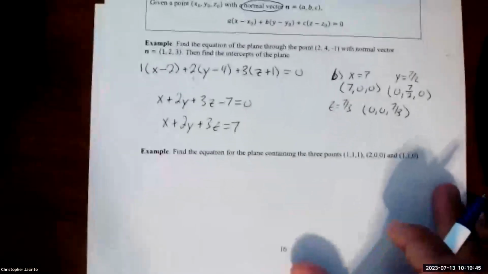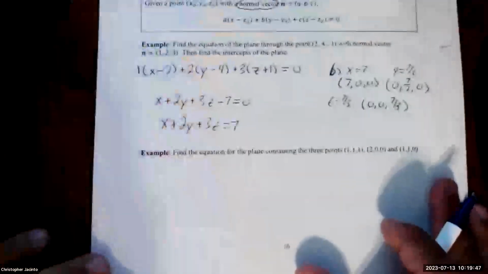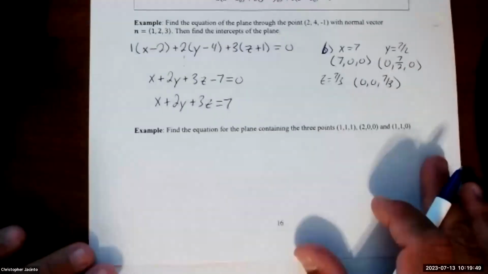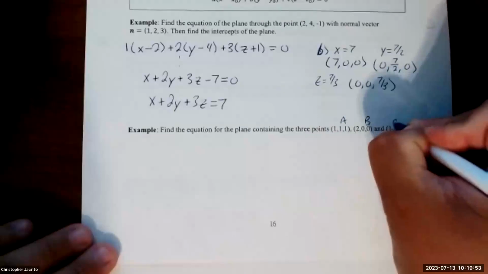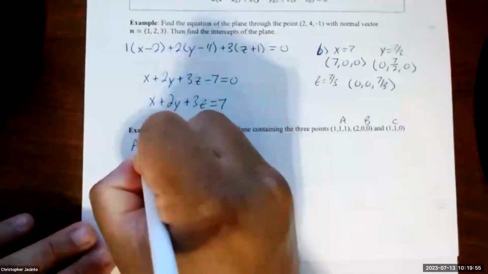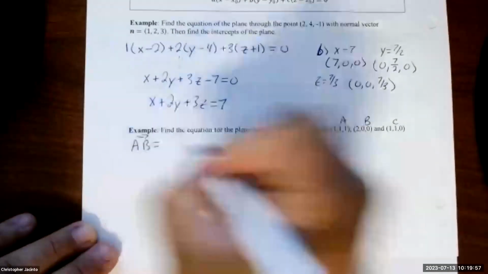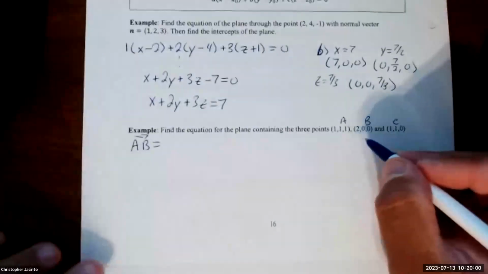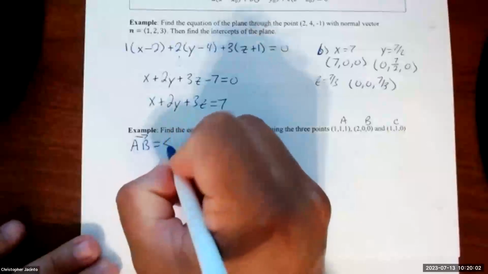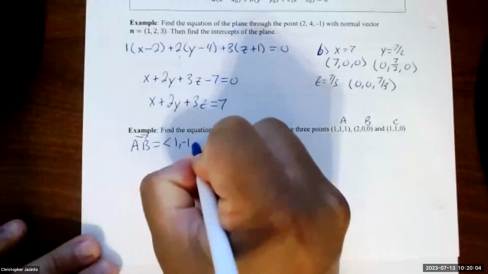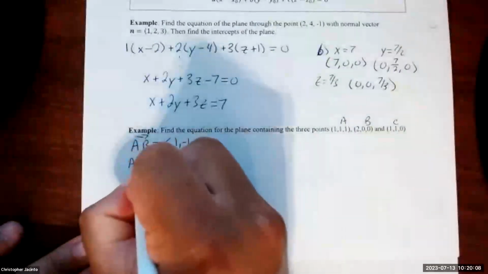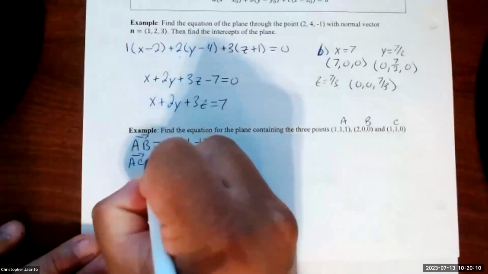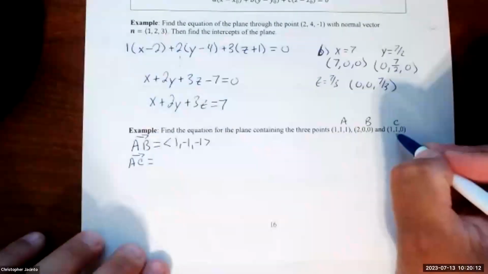Well, we're given 3 points on this plane. So the first thing is we need 2 vectors that represent this plane. So we'll say this is A, B, and C. We'll say vector AB is this component, right? Subtraction. So when you subtract, you get <1, -1, -1>. And do the same thing for AC.